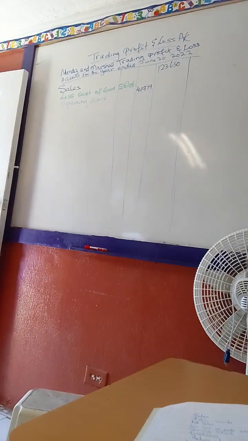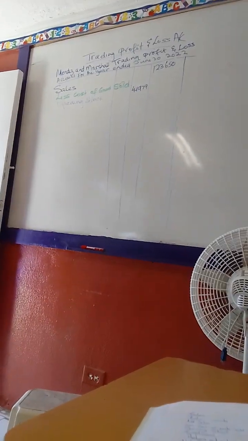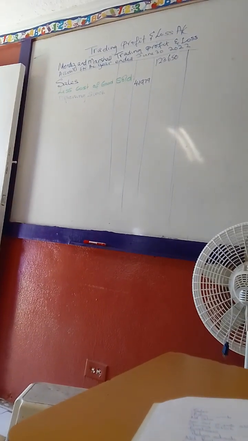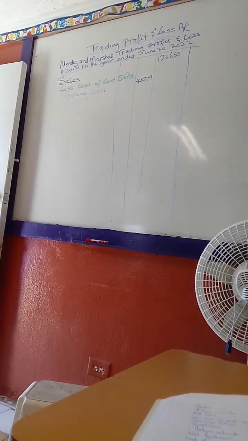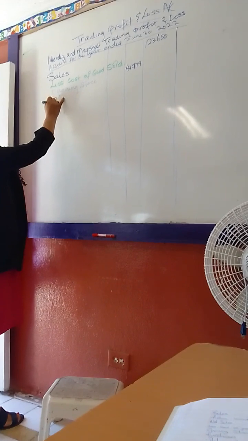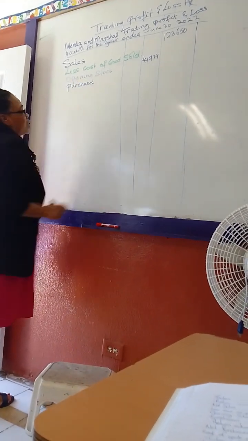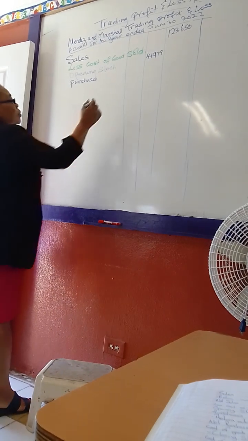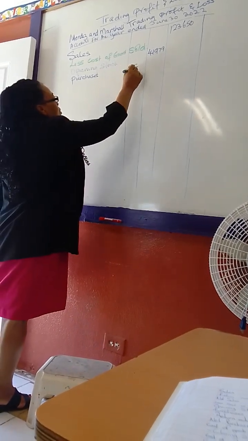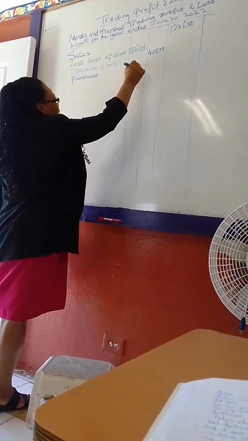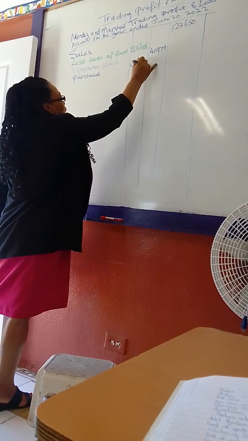Put that in the second column. After O, then comes P for purchases. What's the purchases figure? 85,416.